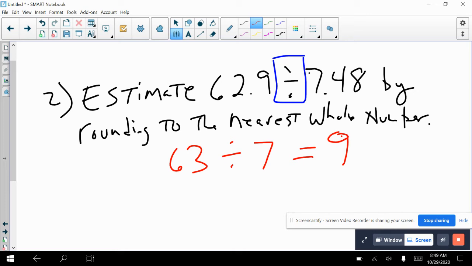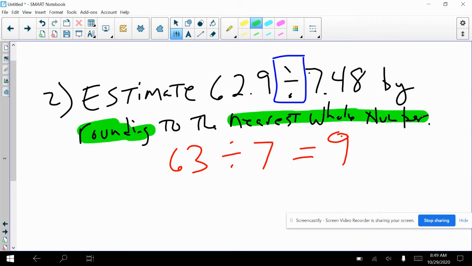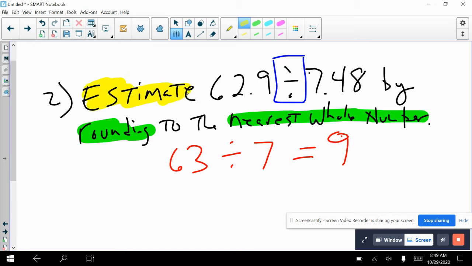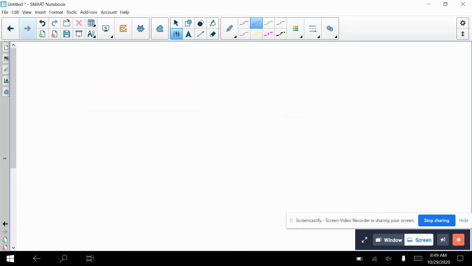Okay, this is not difficult. However, the wording is going to get in the way. So far, so good. Okay. Try these two on your own.